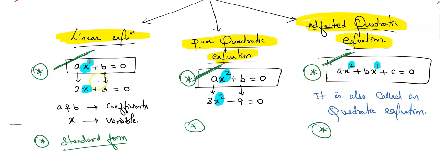You can take the example here: in linear equation 2x plus 3 is equals to 0, in pure 3x square minus 9 equals 0, in affected 2x square plus 3x minus 9 is equals to 0. You can take this as an example.